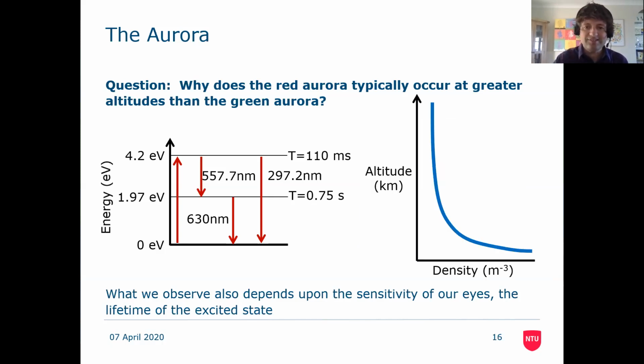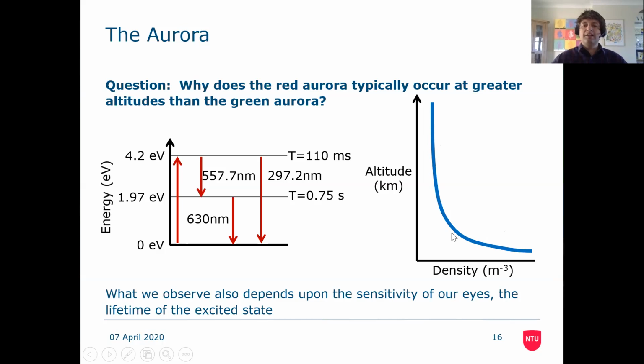But also, let's think about what happens to the density of the atmosphere as we go up in altitude. Here we've got a plot showing density on the x-axis, altitude on the y-axis. As we go up in altitude, the atmosphere becomes markedly less dense, following this exponential curve. So if we're somewhere all the way up here, we've got small chances of collisions. If we're down here, we've got larger chances of collisions.